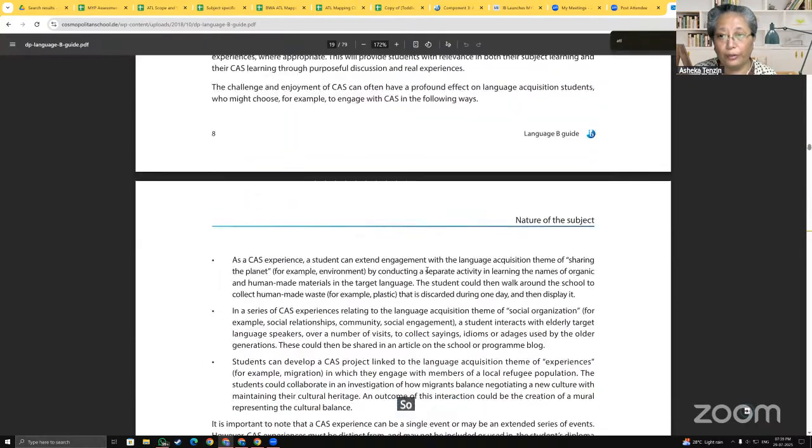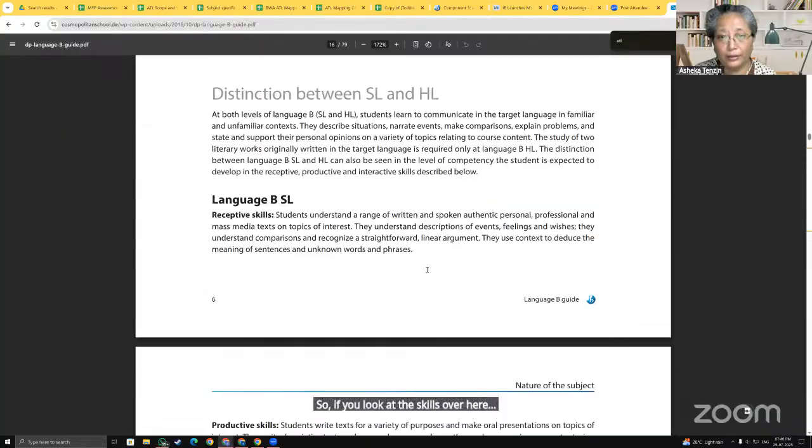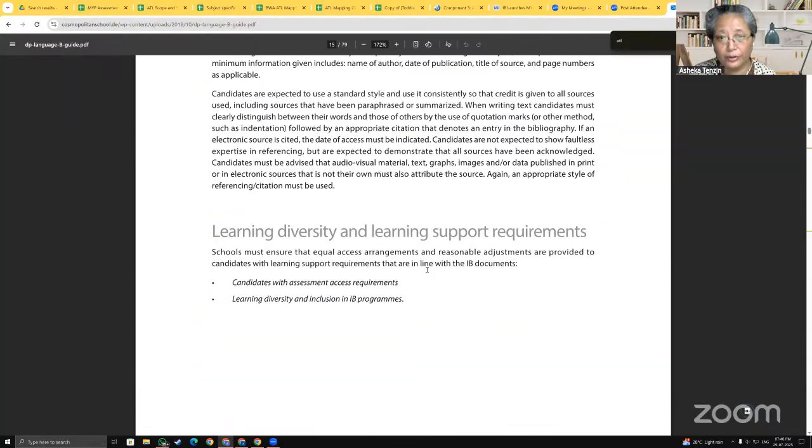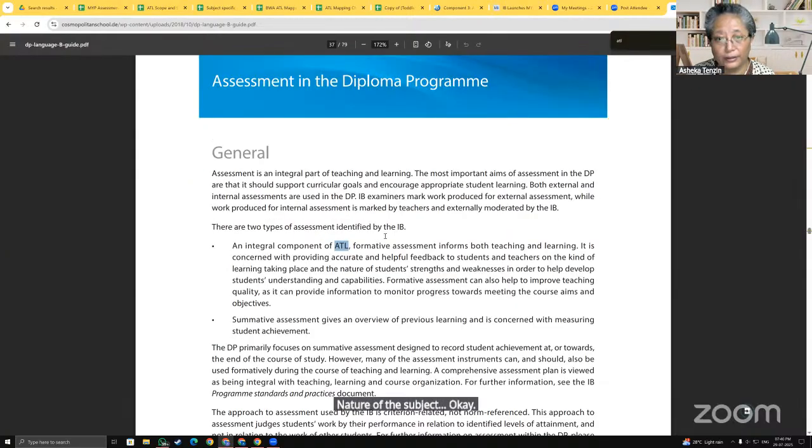So if you look at the skills over here, nature of the subject. Okay, ATL.